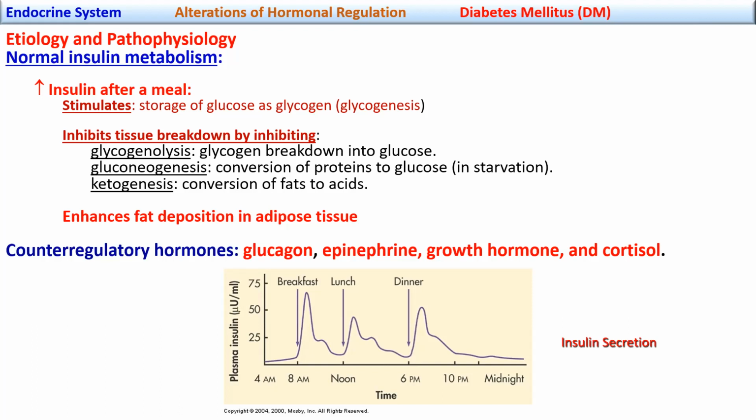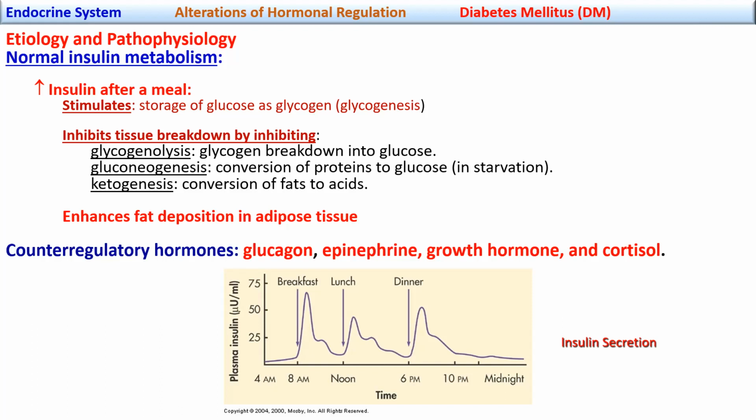Ketogenesis is the conversion of fat into acid, and that's when, in the absence of insulin, the body leans toward using fat molecules or cells as the source of energy, and then the patient will have fatty acids and ketones. So insulin prevents ketogenesis, the conversion of fat into acid as a source of energy.